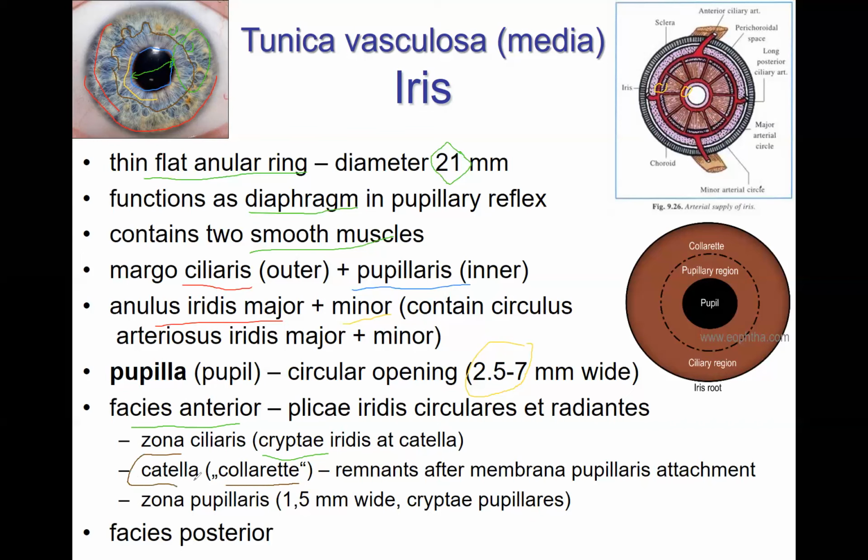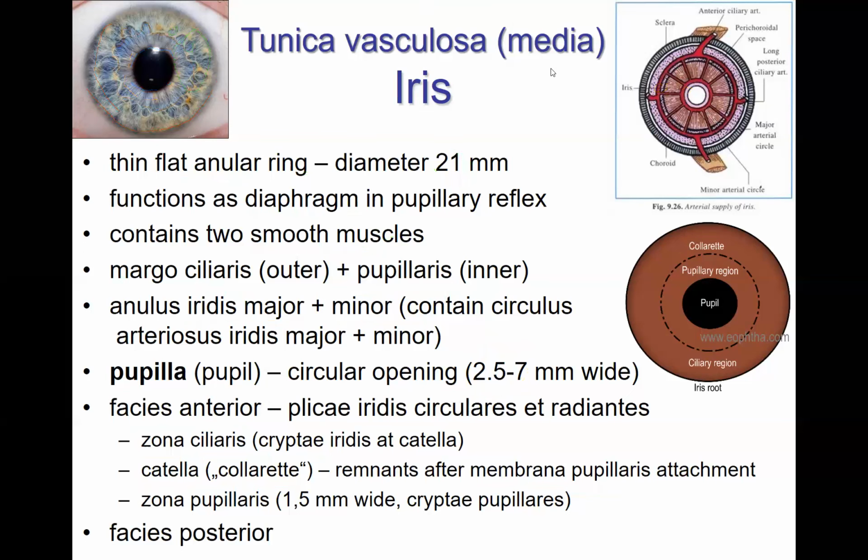During embryology this opening was closed with a membrane, called the pupillary membrane. Then this membrane ruptures by apoptosis, and this is just the remnant. So the collarette, which is nicely visible in the eyes, is the remnant of the attachment line of the pupillary membrane.